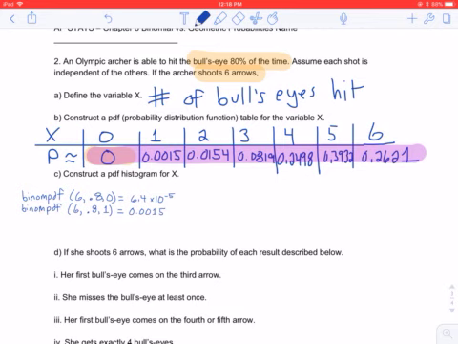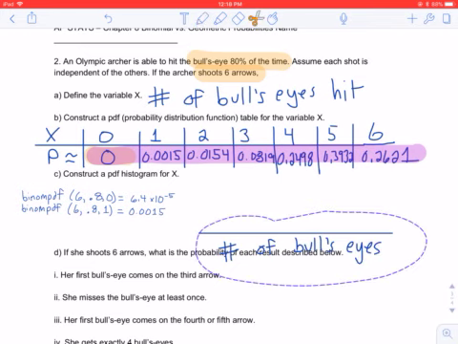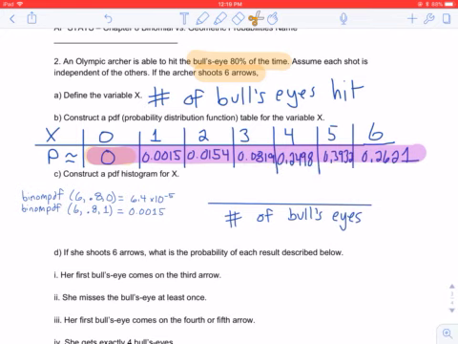So down below here, I'm going to put for my x-axis, number of bullseyes. I'm probably even going to shrink this a little bit just so I have a little bit of space while I move this. That's really tiny. There we go. And I'm going to put all my possibilities here: 0, 1, 2, 3, 4, 5, and 6.